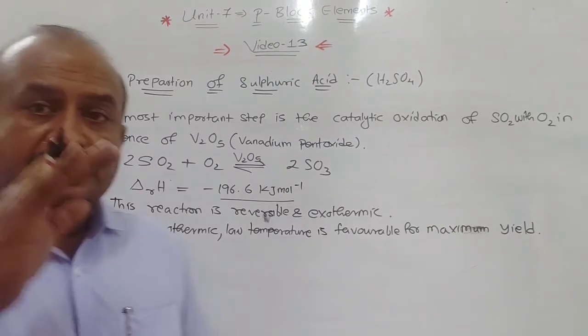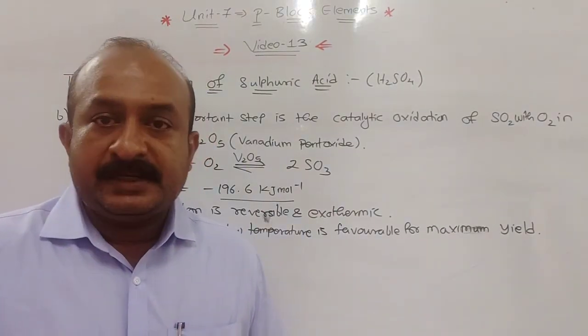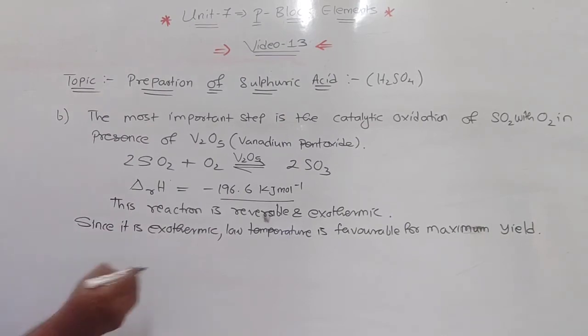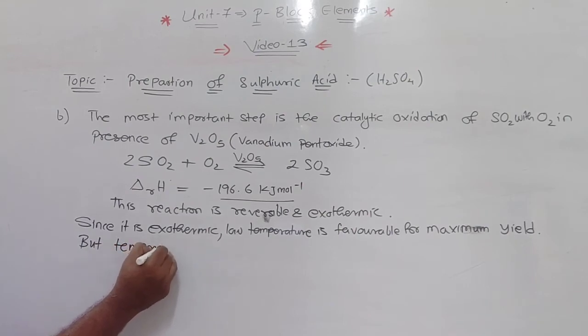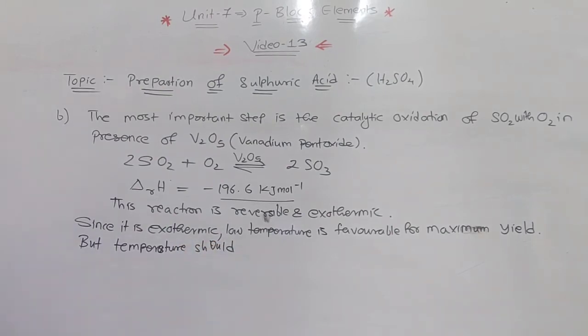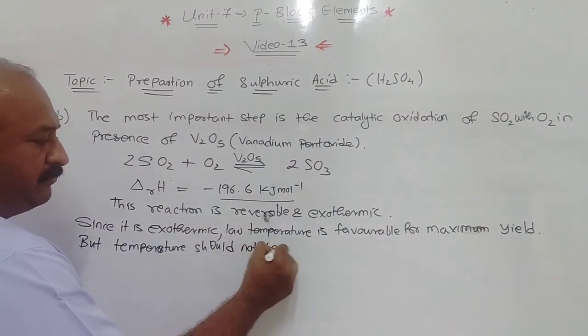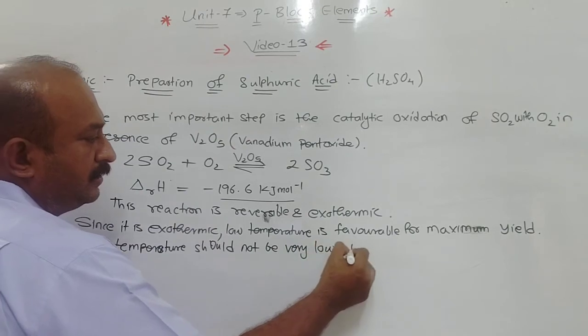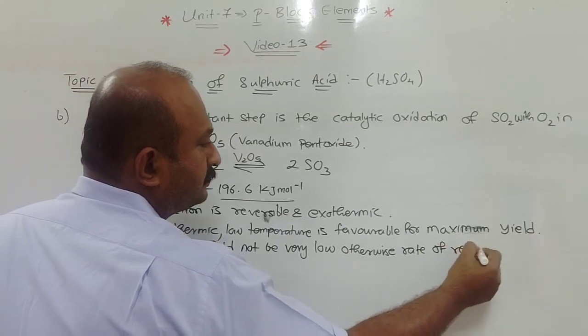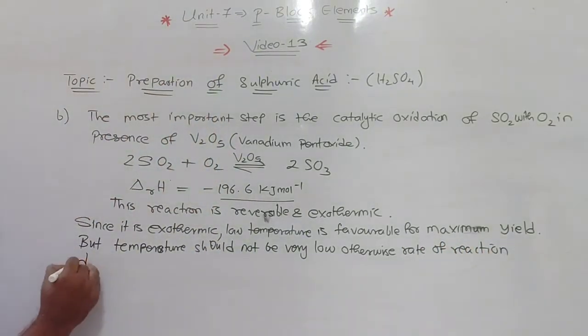But we know as we decrease the temperature, the rate of reaction decreases. Understood? So we cannot decrease the temperature much. Remember this thing, the temperature should not be very low, otherwise the rate of reaction decreases.